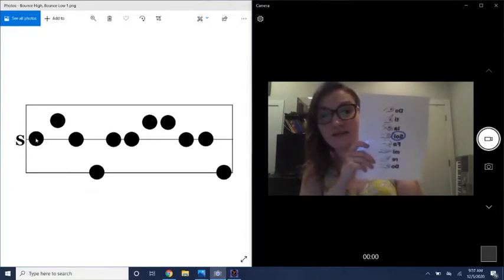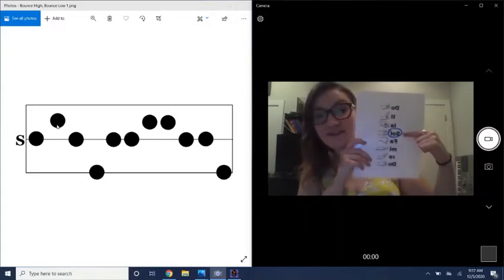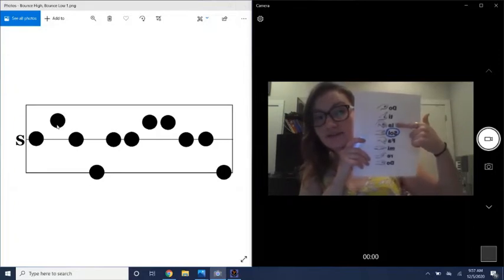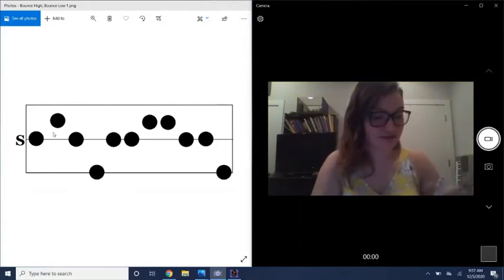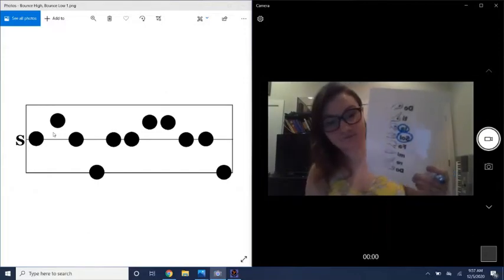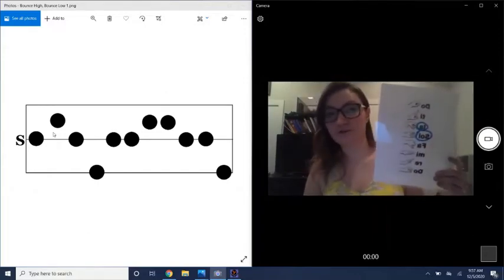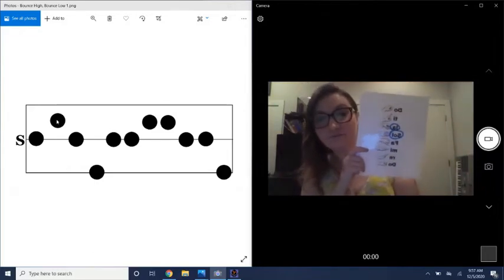If the middle line is sol, the next space up from that line has to be the next pitch up from that line. So sol is our middle line, and the next highest pitch, or the space above sol, has to be la. So we know that our first pitch is sol, and our second pitch is la.